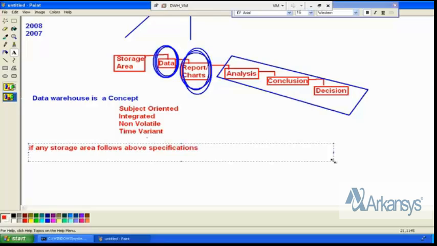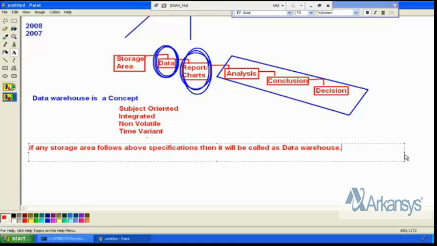When it follows the above specifications, then it will be called a data warehouse. That means data warehouse is a theory, a concept, which talks about rules and regulations for managing data.